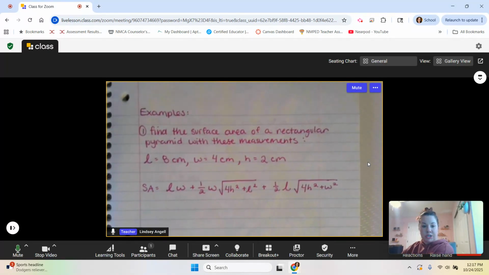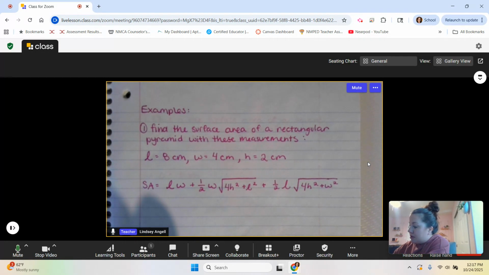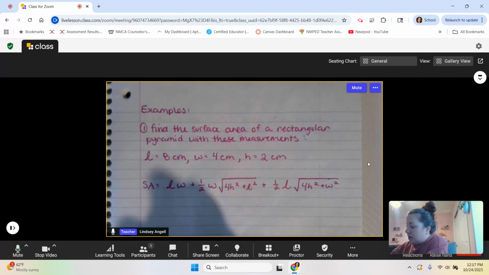For question number 1, find the surface area of a rectangular pyramid with these measurements. The length and the width of the rectangular base are 8 and 4. So that might look something like this.